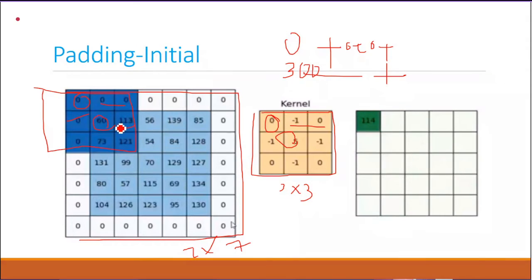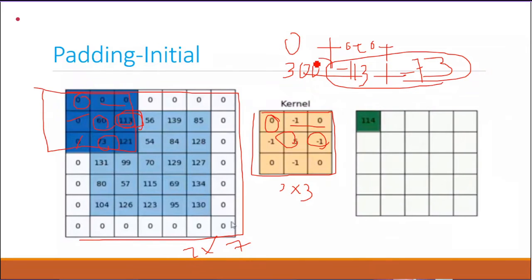Again, minus 1 is multiplied with 113, I get minus 113. Again it's 0. This is minus 73. So I add them all, subtracted from those 300, and I get the value 114. Each and every pixel of the kernel is multiplied with each and every pixel of the image, so I place the value 114.